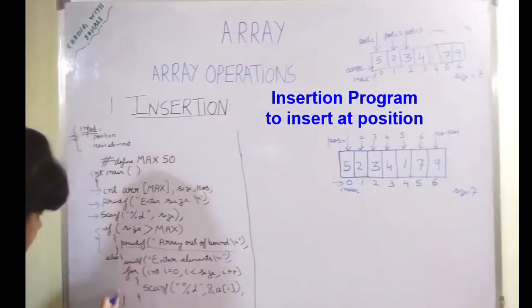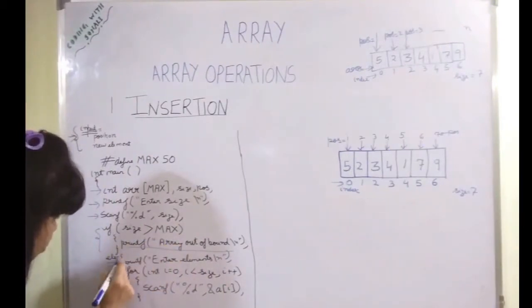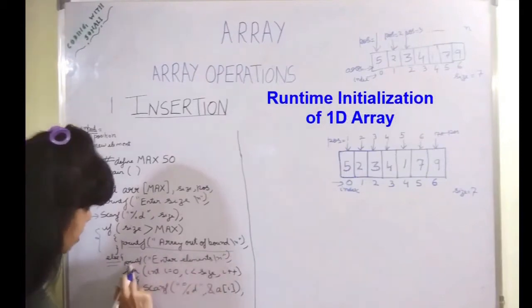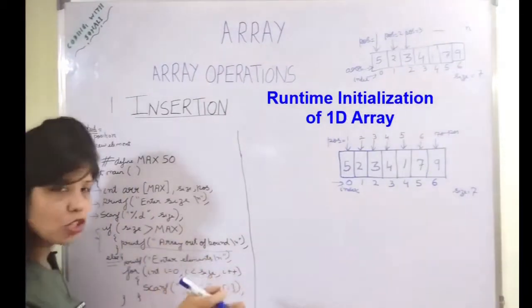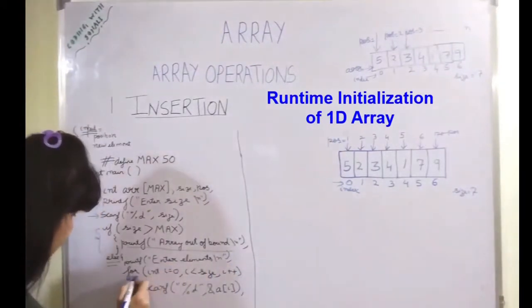So in the else part, if this condition is not satisfied, it will go to the else condition. We give the message, printf is used to display the message on the console. We ask the user to enter the elements, and then we take the for loop.